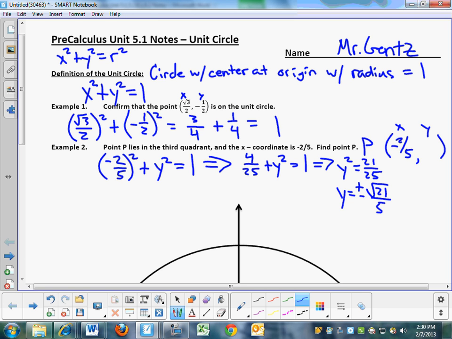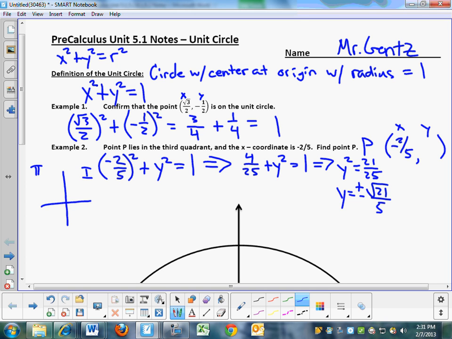positive and negative. You tell me, am I concerned about the positive solution here or the negative one? Which quadrant am I working in? Third. Is x positive or negative in the third quadrant? Negative. Is y positive or negative in the third quadrant? You don't know where your quadrants are.